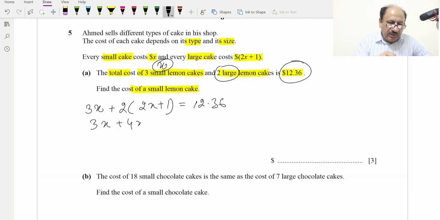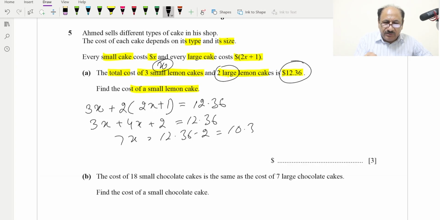3x plus 4x plus 2, just opening the bracket, is equal to 12.36. It means 7x is equal to 12.36 minus 2, which is 10.36.